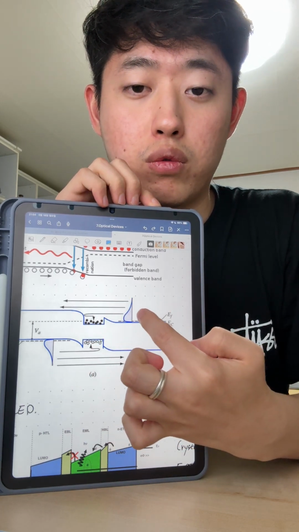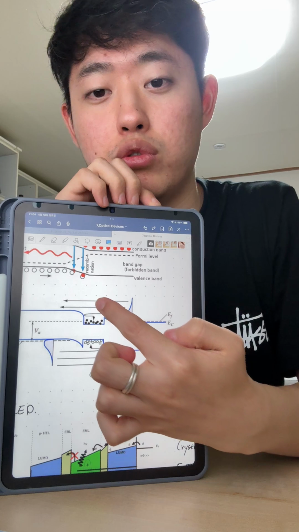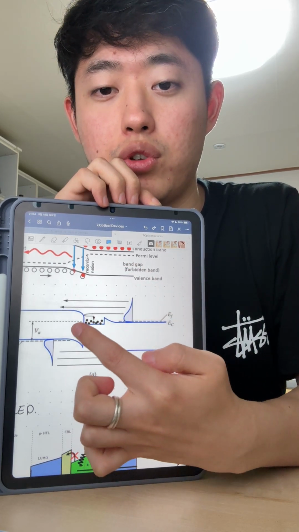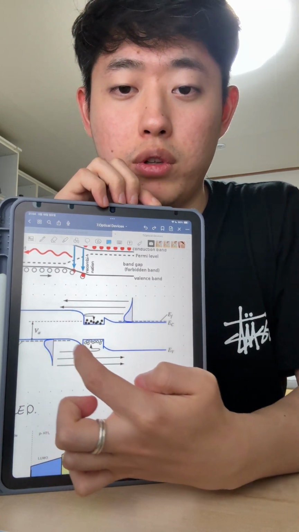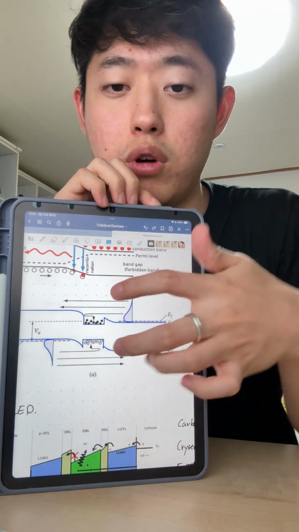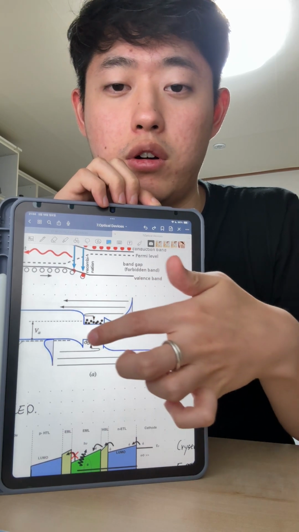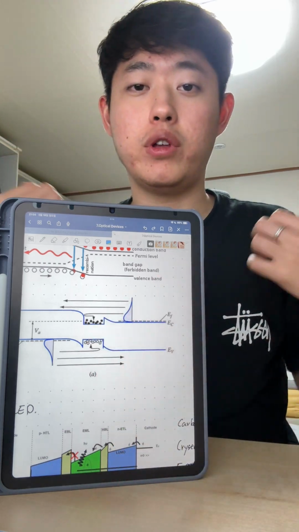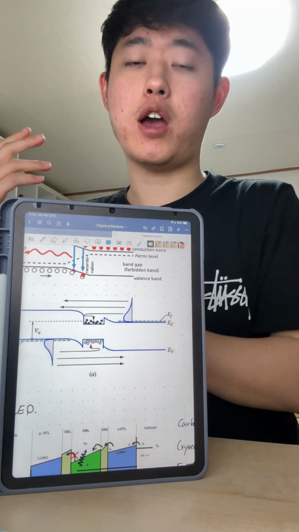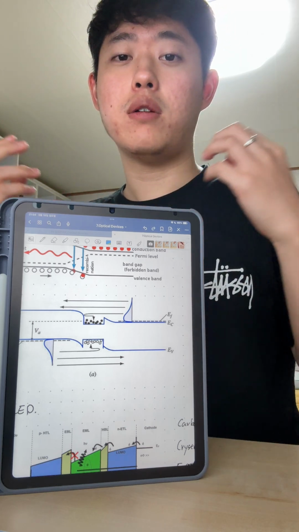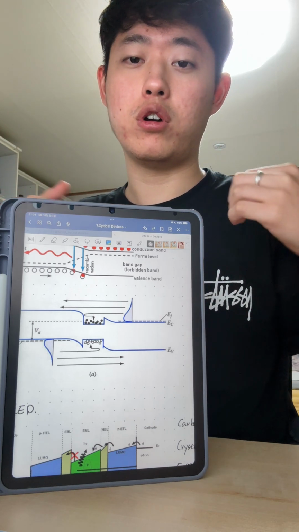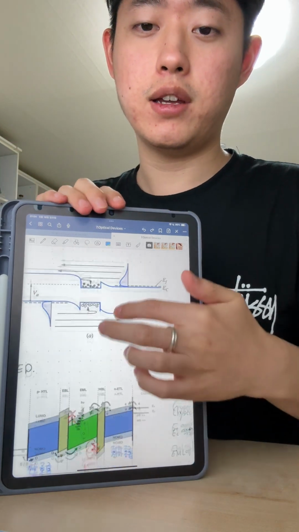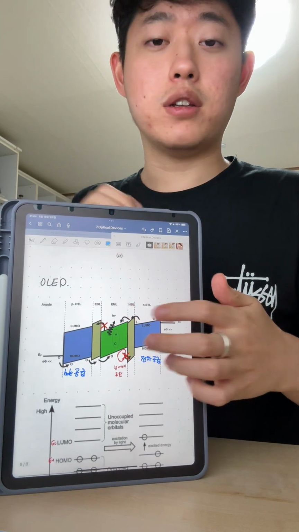When electrons go up with forward bias and go down and sink to here, and holes too, they sink here and they can recombine. We have more recombination, and we make a more efficient LED.